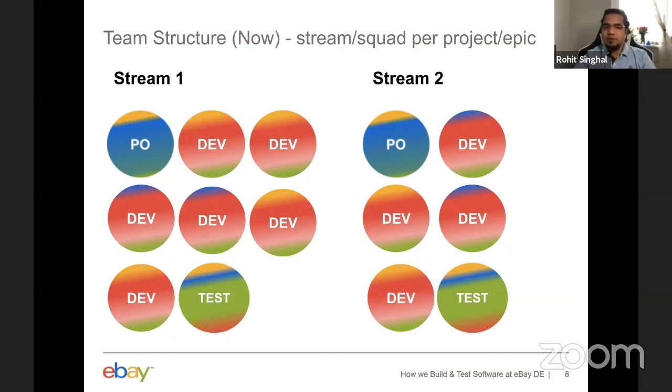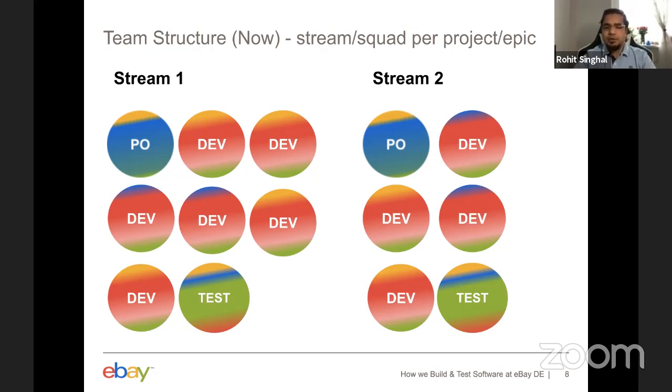So we faced a lot of challenges with the previous team structure. We thought, okay, let's spend some time, think about it, and come up with something where everyone can contribute and we have a dedicated focus. So we opted for this current team model to have a dedicated focus for a particular project.